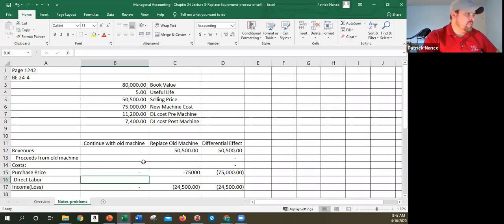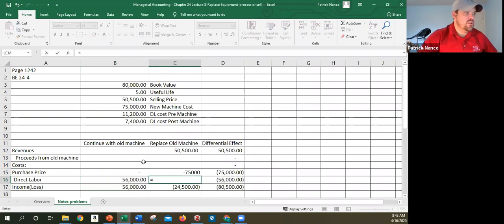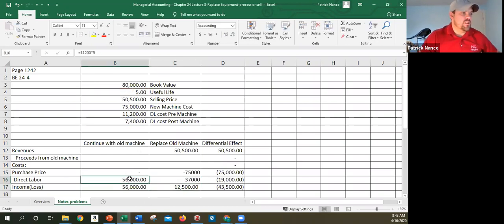Now the direct labor, I want to know the total over the 5-year life. So I have 11,200 times 5 years for the old machine. And for the new machine, I should have done this, 7,400 times 5 years.